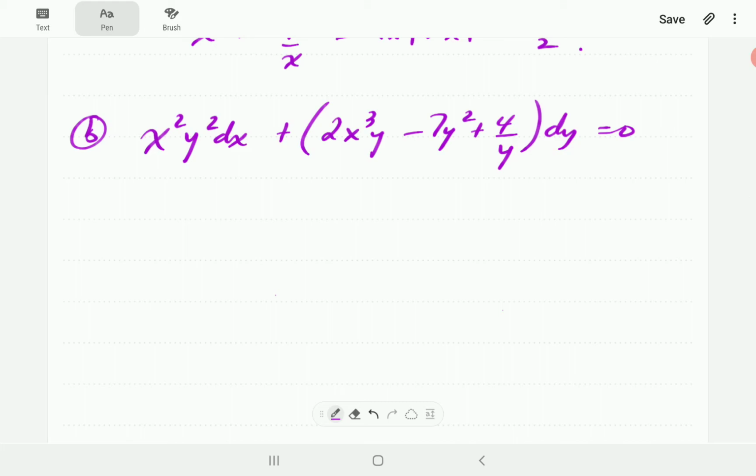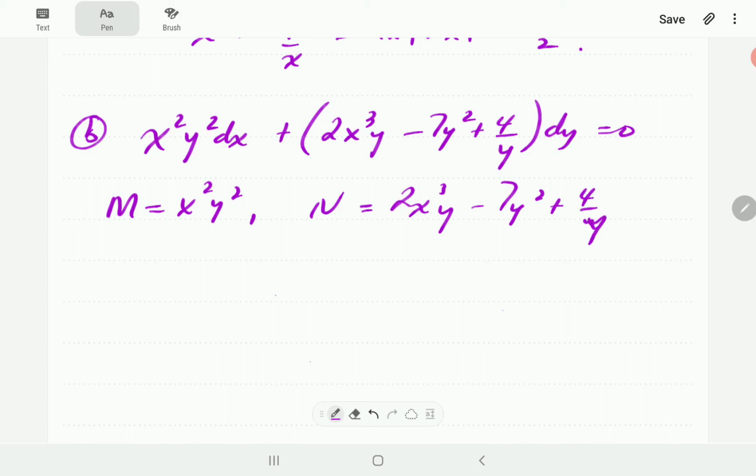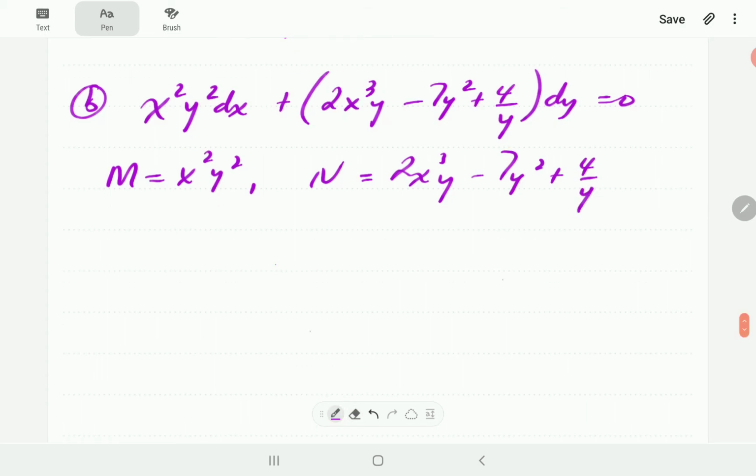Is this equation exact? Well, let's see. So here M is x squared y squared, N is 2x cubed y minus 7y squared plus 4 over y.